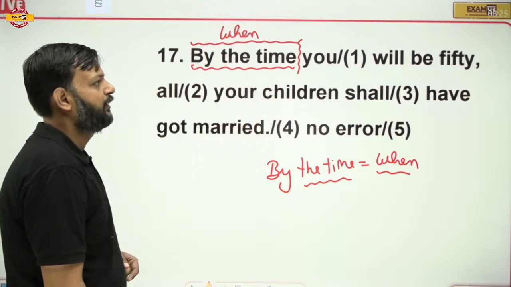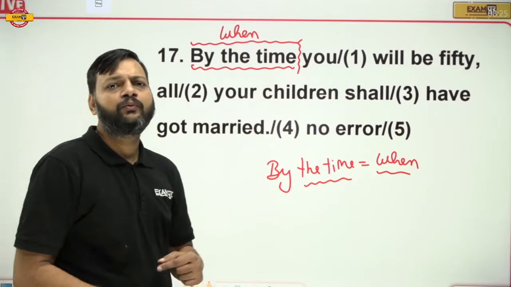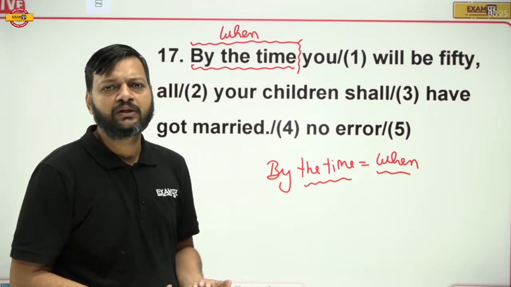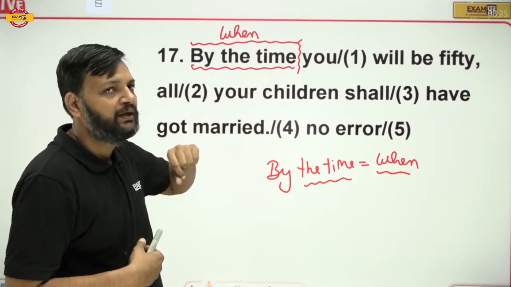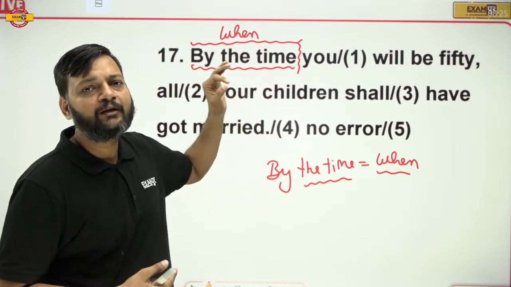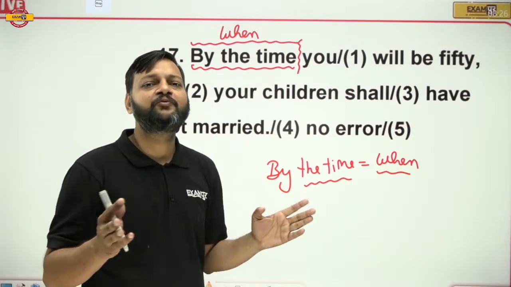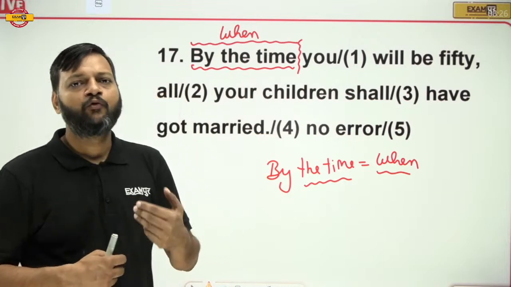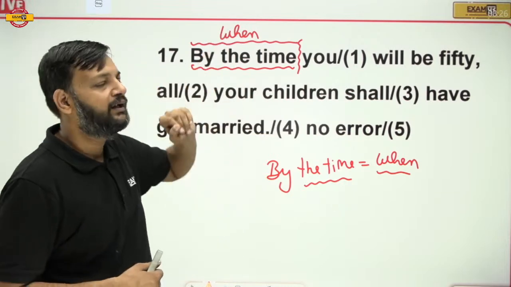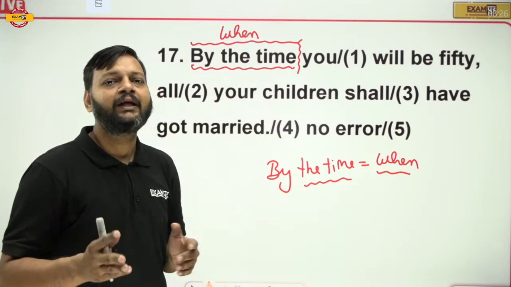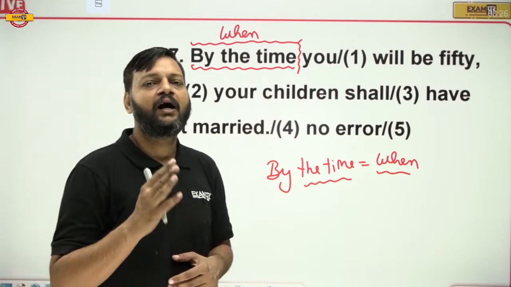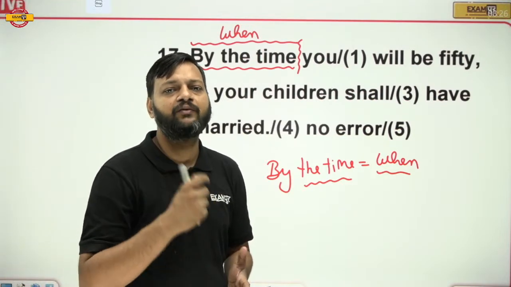You may be confused seeing by the time, but when I write when in place of by the time, the picture is very clear, because we all know that when is a subordinate conjunction, and subordinate conjunctions are not followed by future tense.